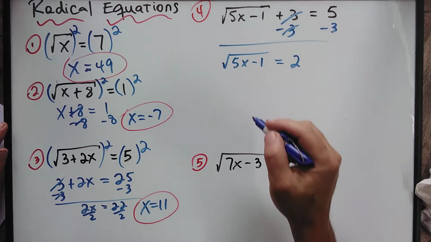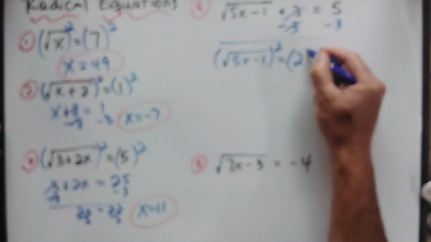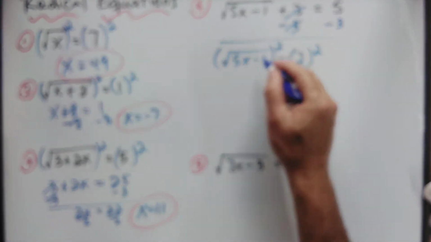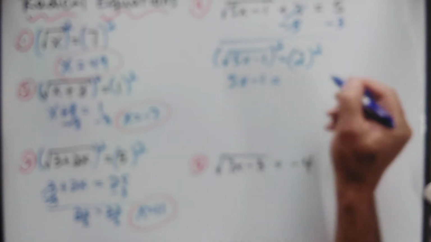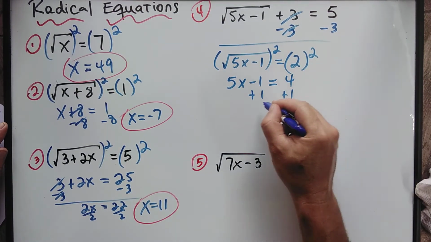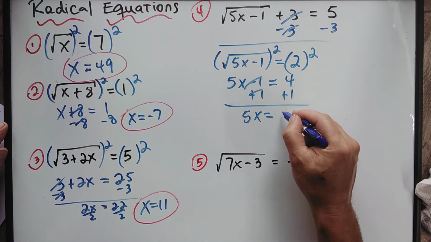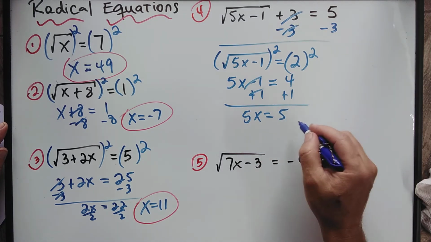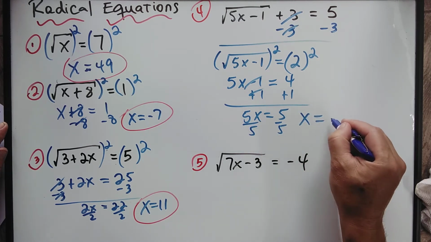Now I just square both sides. So that 2 is going to eliminate the radical. 5x minus 1 equals 2 squared, which is 4. We add 1 to both sides. 5x equals 5. Divide by 5. X equals 1.